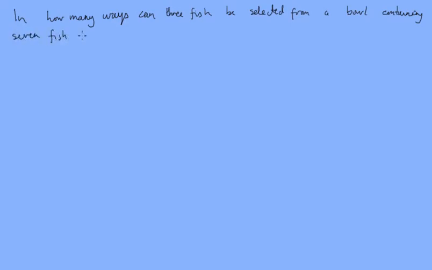In how many ways can 3 fish be selected from a bowl containing 7 fish and 2 potatoes?